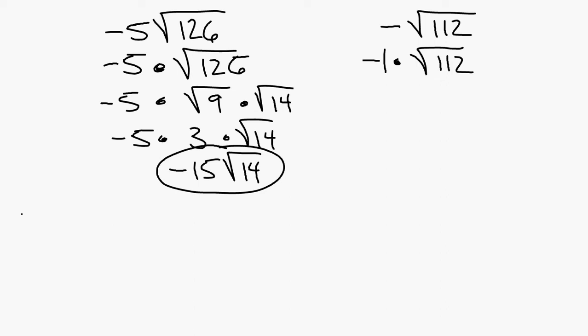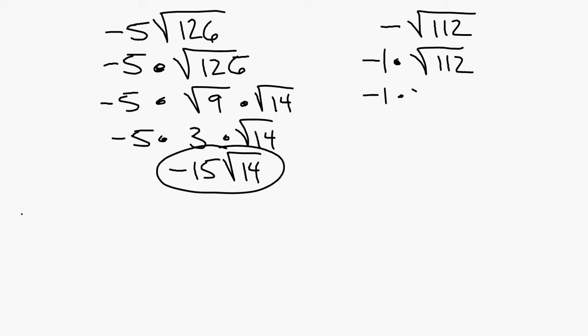And then factor just like you did yesterday. This would be -1 times. Take your 112 and start dividing it by perfect squares. Anybody? 16 and 7.